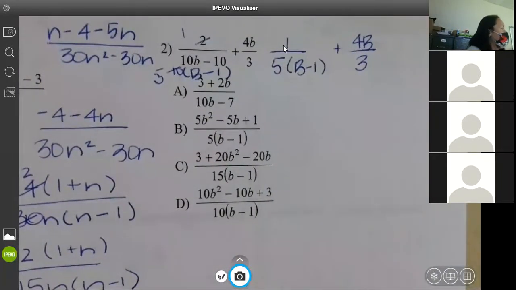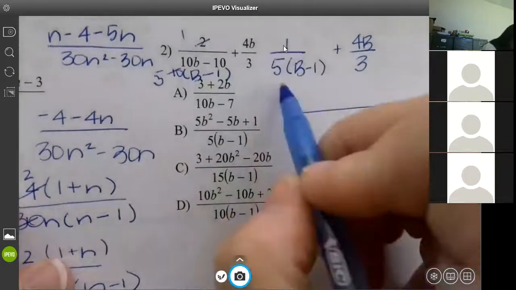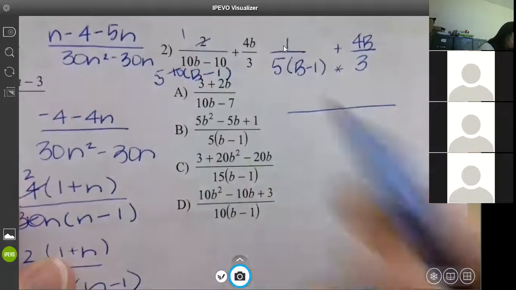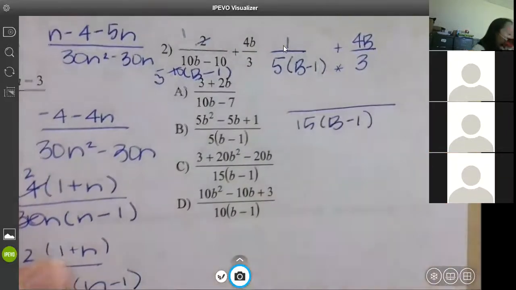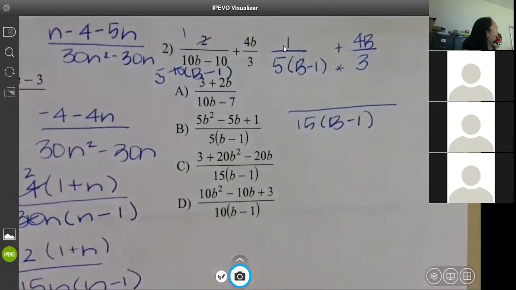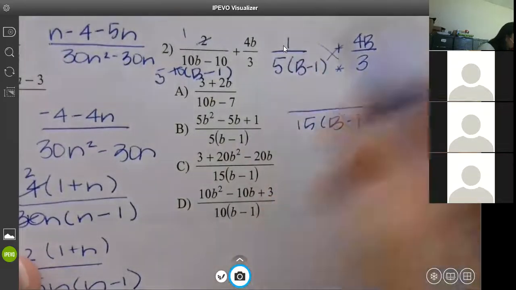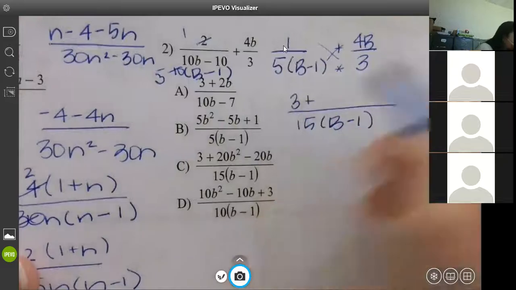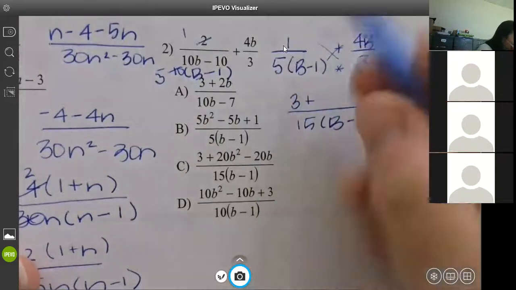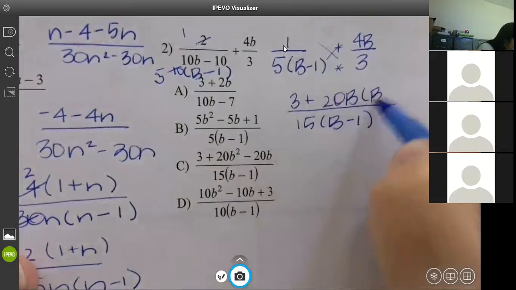Remember, if you can't find a common denominator, all you have to do is multiply them together. So our common denominator is going to be these multiplied together, which will be 15 times b minus 1. Does everybody understand where I got the 15? 5 times 3? And then remember, we cross multiply. 1 times 3 is, we have a plus 5 times 4b, and then b minus 1.